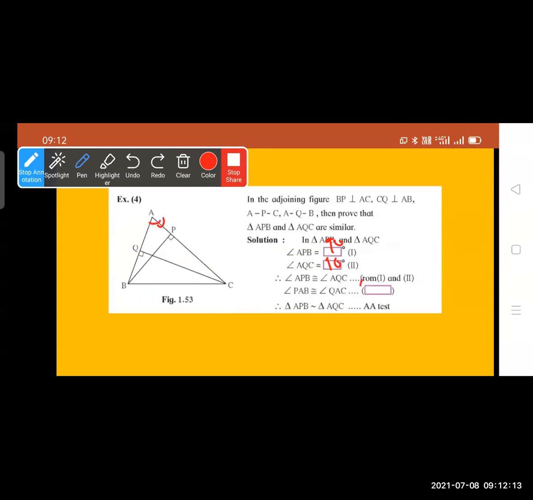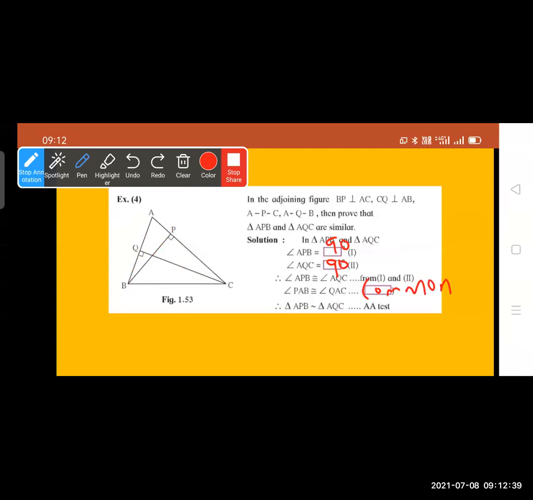So in the third box we write common angle. A is common in both the triangles. If you consider one, A comes; if you consider this one, again A comes. So A is the common angle. So here we fill the first box 90, second box 90, and third box common angle.